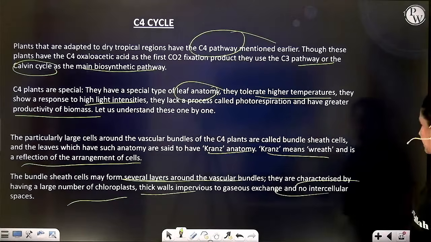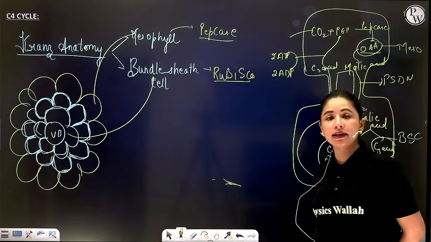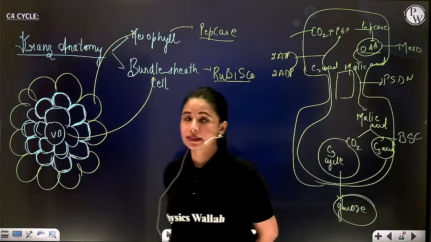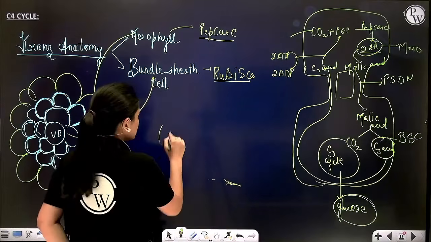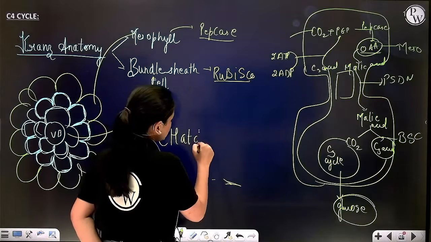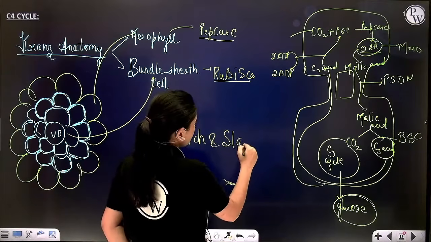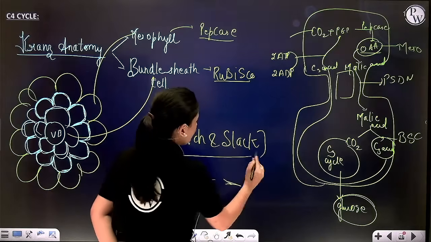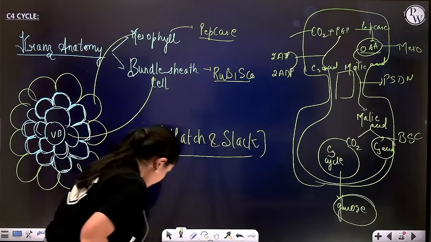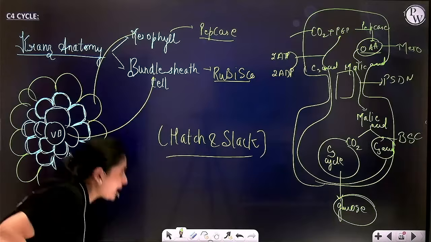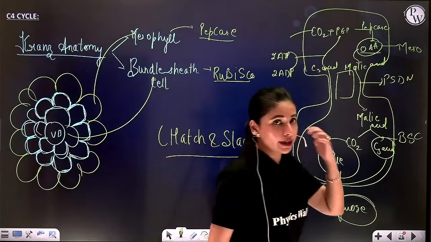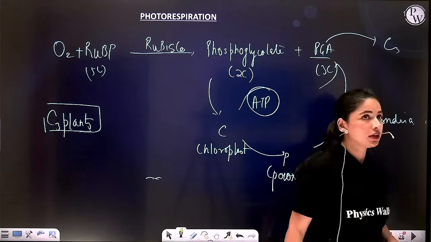I hope the cycle of C4 plants and the arrangement of cells in C4 plants is clear. It was studied by scientists Hatch and Slack, so it is also known as the Hatch and Slack pathway. Okay, now moving ahead, photorespiration. I already told you what photorespiration is.